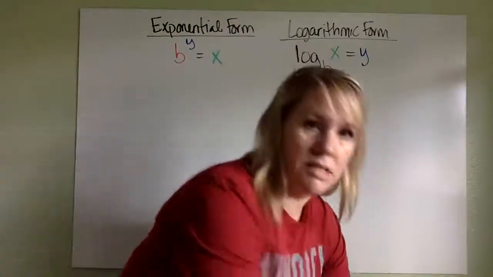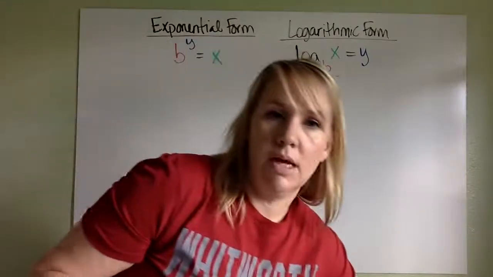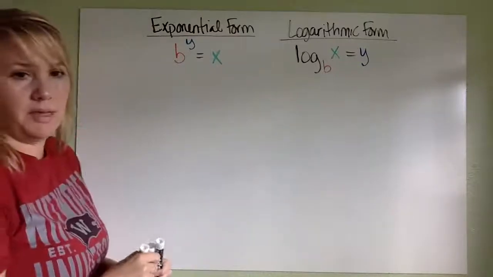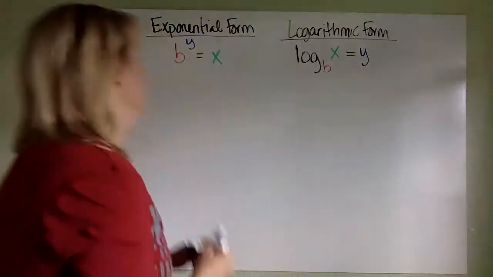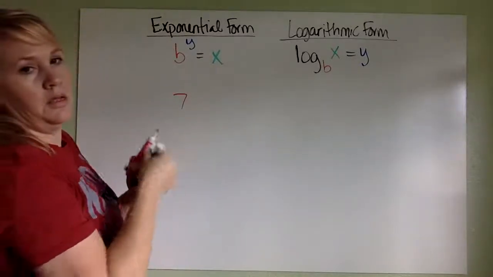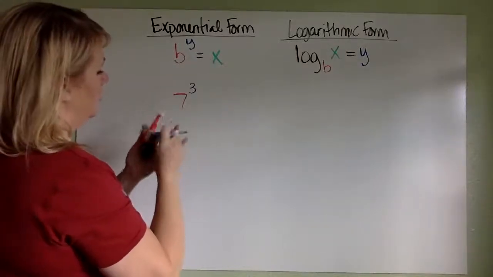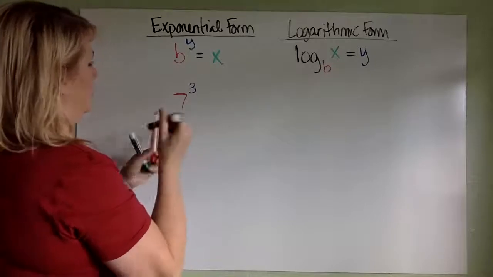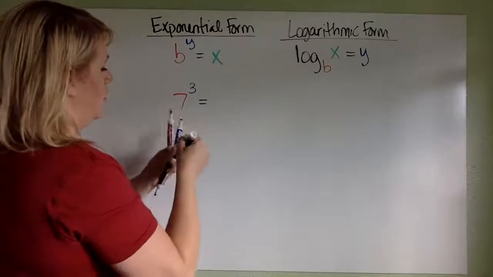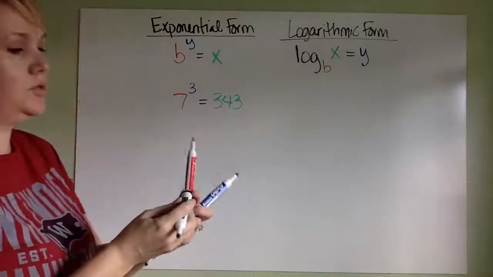Before you can evaluate an expression, you need to be able to comfortably move back and forth between exponential and logarithmic form. So if I have something in exponential form, like 7 to the third power equals $343, I can switch that to logarithmic form.